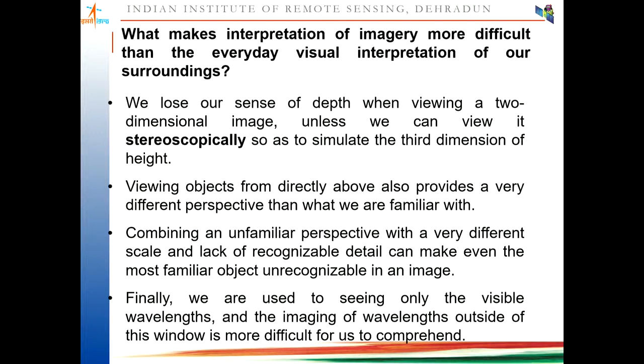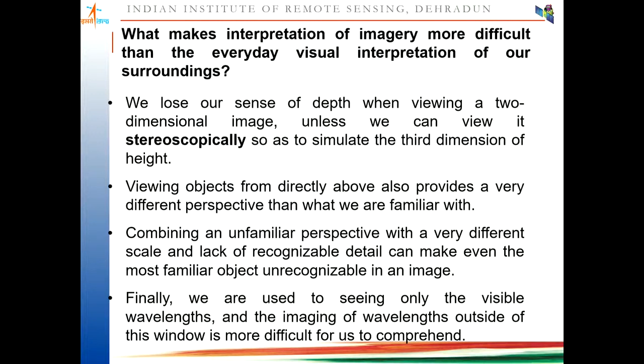Right? So scale, because pixel sizes would be different in terms of the spatial resolution. So objects would appear at different sizes; there would be different scales and lack of recognizable details, which would make them unrecognizable.